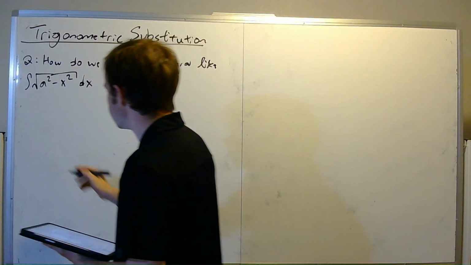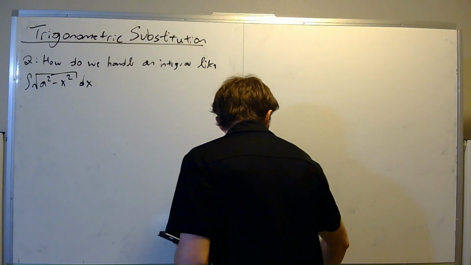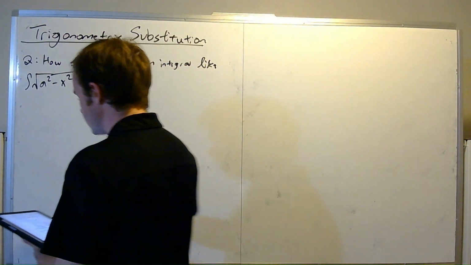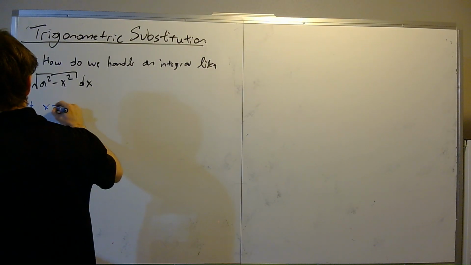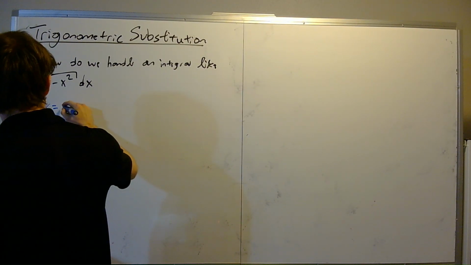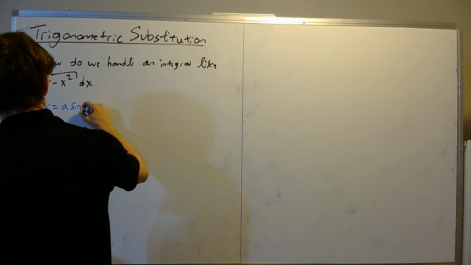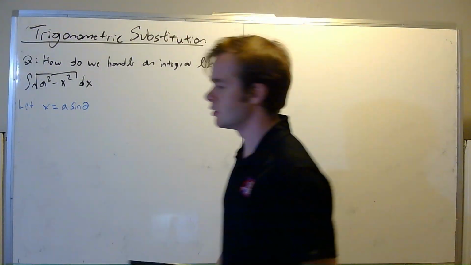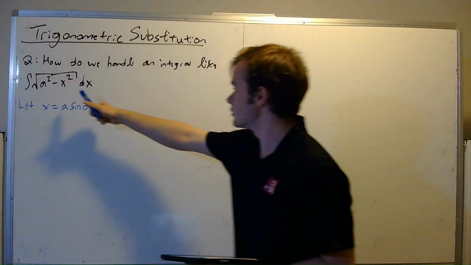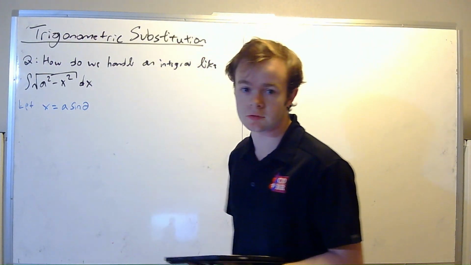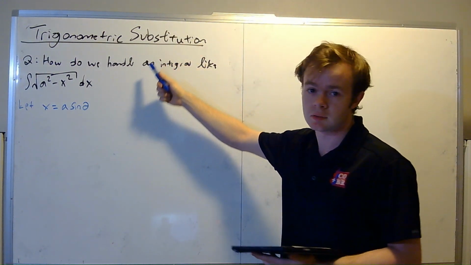So what we do in this instance, and let me use a different color here, is we actually say let x equals a sine theta. Right? So that's what we're doing in this section. We take x and we say, well, we're going to replace it with something. So it's called trigonometric substitution.